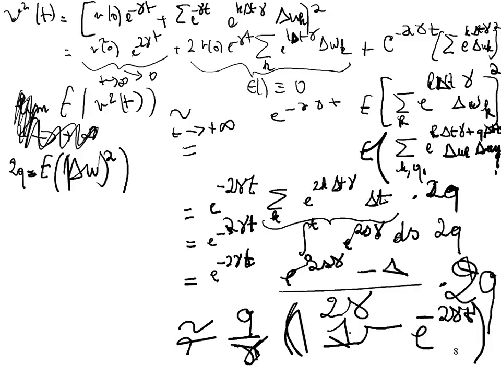And so when t goes to infinity, it converges simply to q divided by gamma.